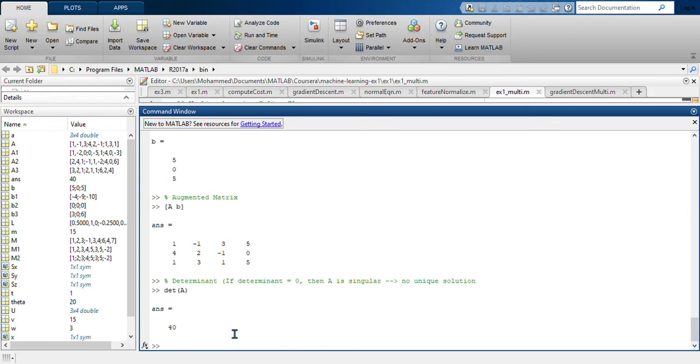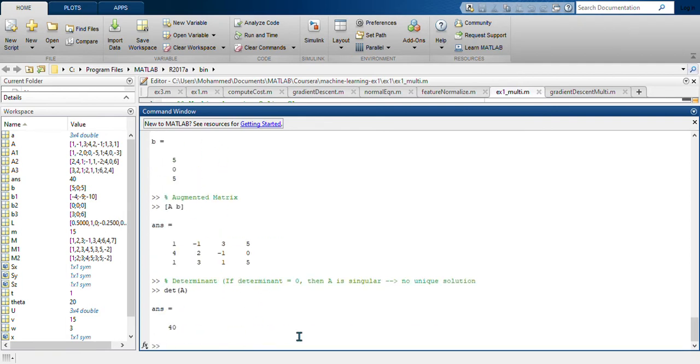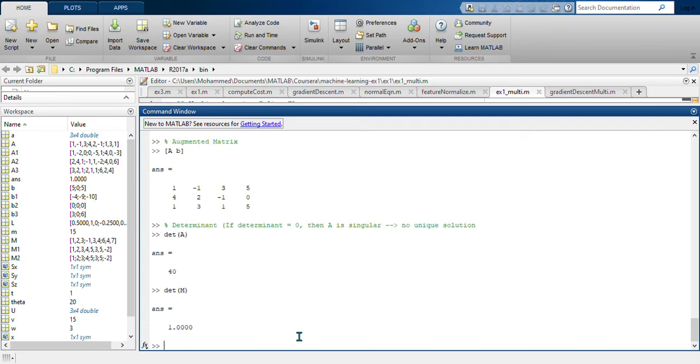All right, so the MATLAB command for computing the determinant is det, and you can use any other matrix. For example, we had a previous matrix here as m, right? So we can compute the determinant of m and see whether it is singular or not. The determinant of m happens to be 1. Since both these matrices have a determinant that is not equal to 0, they are not singular.